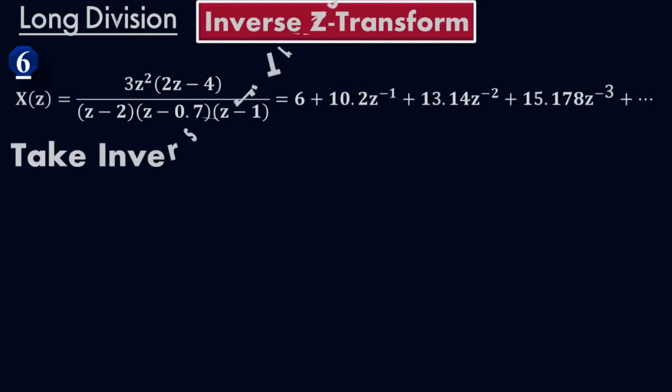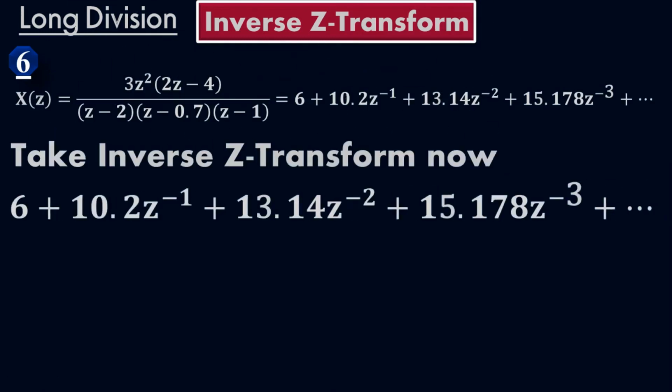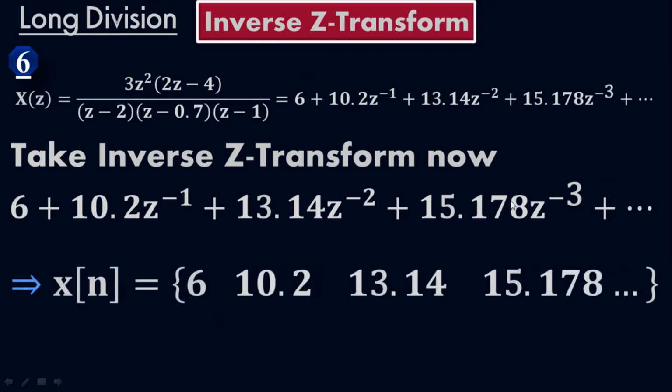Now take the inverse z transform of 6 plus 10.2 times z to the negative 1 plus 13.14 times z to the negative 2 plus 15.178 times z to the negative 3 plus so on. Your x of n will be 6, 10.2, 13.14, 15.178. There we got the signal in time domain.